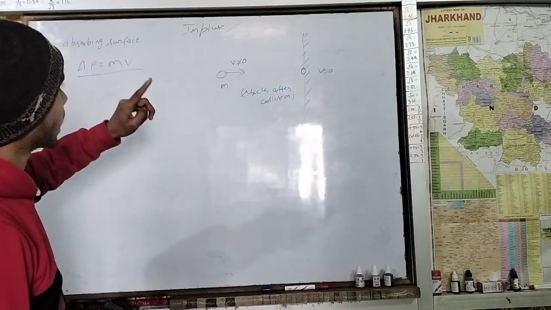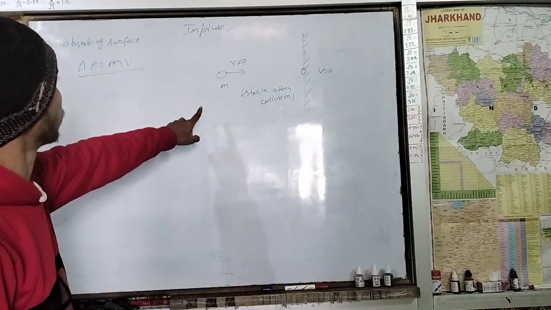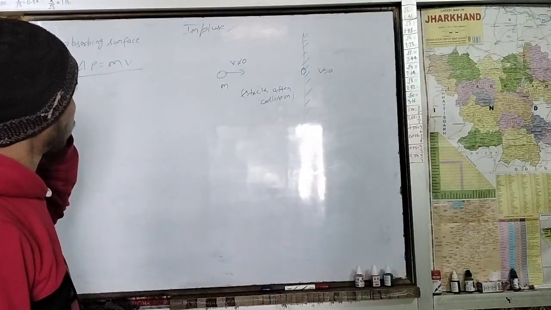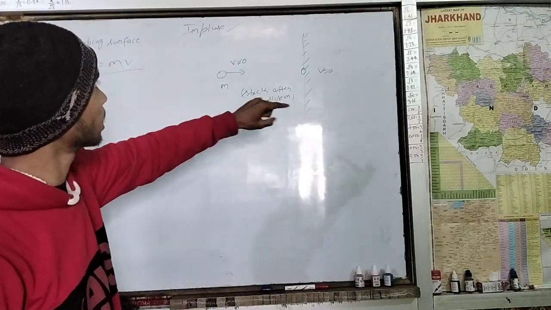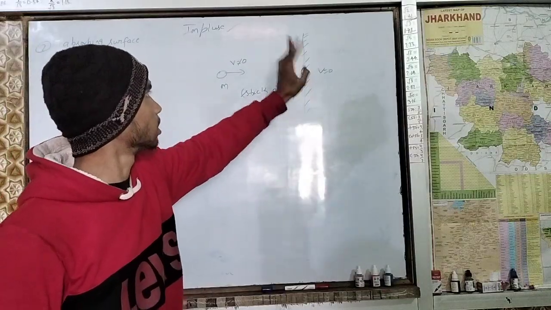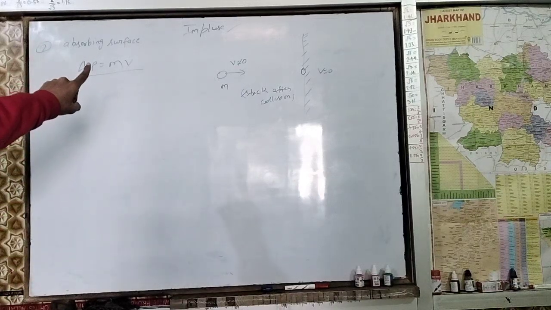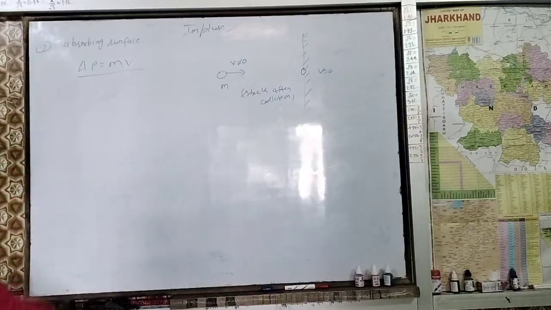In the previous case we had two velocities, but in this case we have only one velocity and one mass. Here the ball is not coming in the opposite direction, it stays with the ball. This phenomenon is known as absorbing surface.